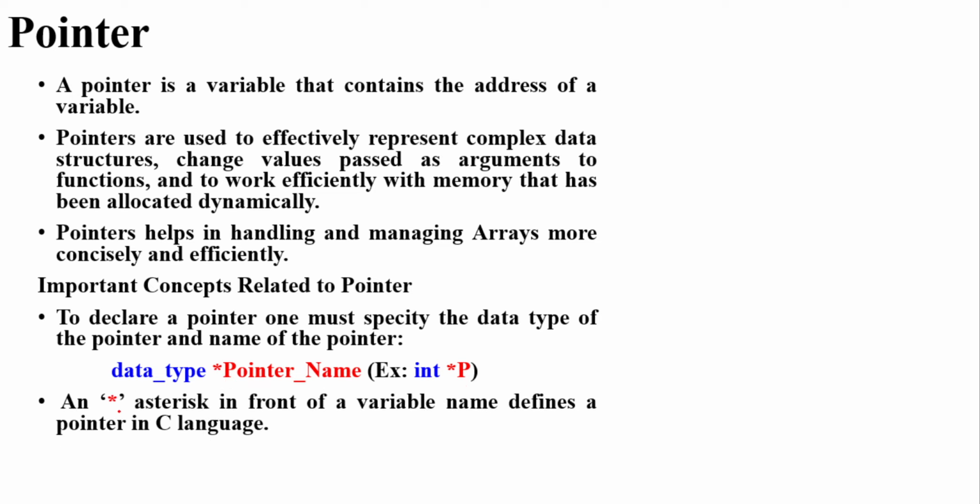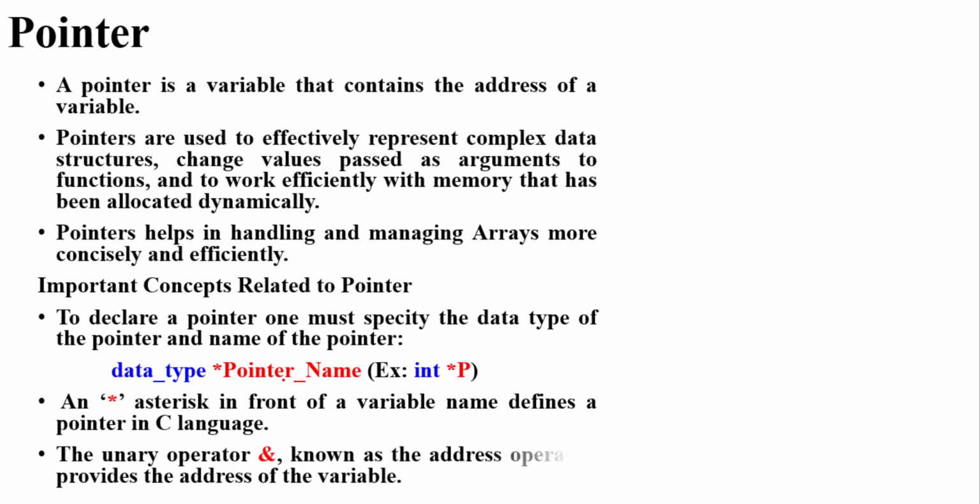Now, an asterisk in front of a variable in C defines that it is a pointer. If we keep a star, or an asterisk, in front of any variable, then it becomes a pointer. This is how we declare a pointer in C.